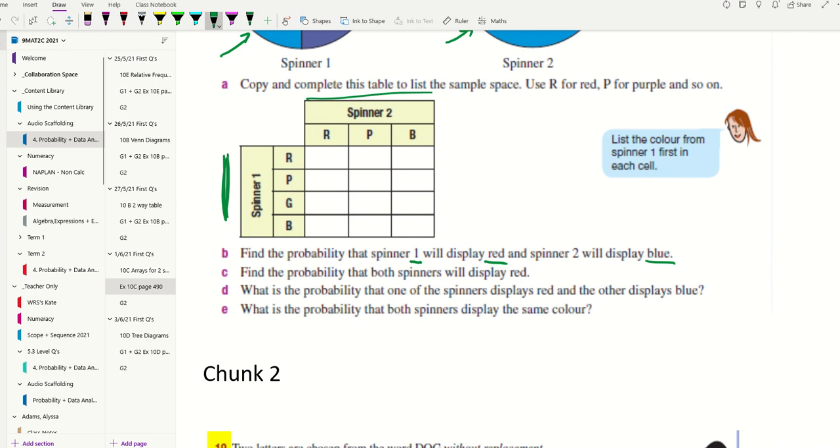The probability that both spinners will display red, so 2 reds. Probability that one of the spinners displays red and the other blue, so 1 red, 1 blue. And the last one, probability that both spinners display the same colour, so you're looking for the same colour on each.